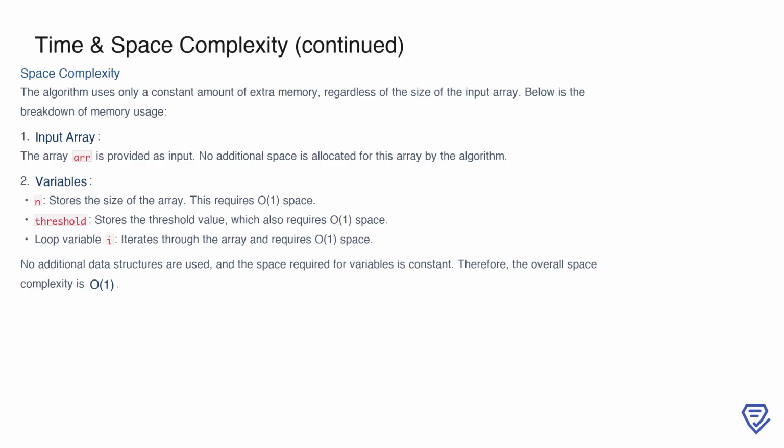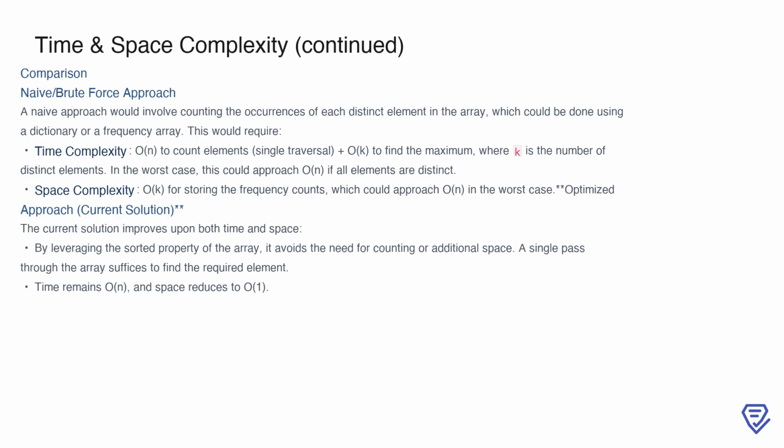To better understand the efficiency of this solution, we can compare it to a naive approach. A brute force method might involve counting the occurrences of each distinct element in the array, potentially using a dictionary or frequency array. This would require O(n) time to traverse the array and count frequencies, plus an additional O(k) to identify the maximum frequency, where k is the number of distinct elements.